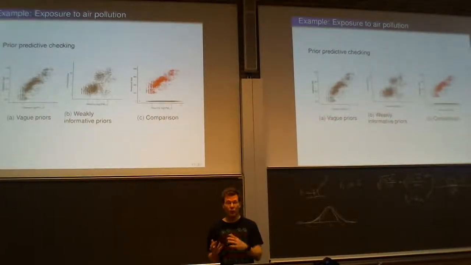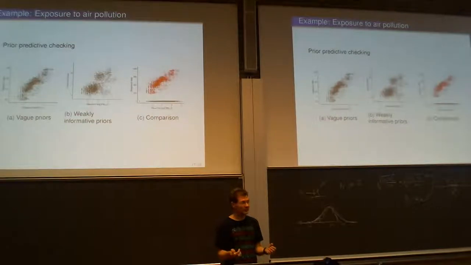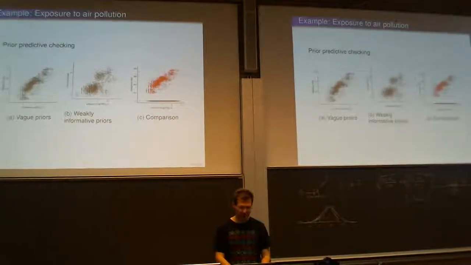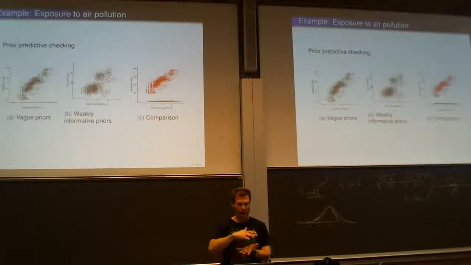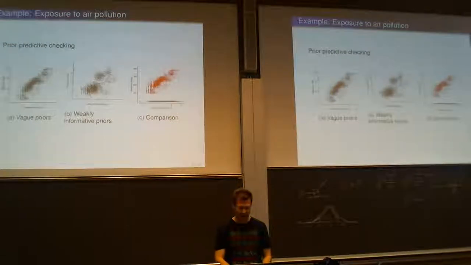That's also another way to check that we are not using too informative priors. With too informative a prior, our simulated data would have narrow variance, and maybe it would also still be far away from the values we observe. But this looks nice. Magnitude is right, not far away from the observations.